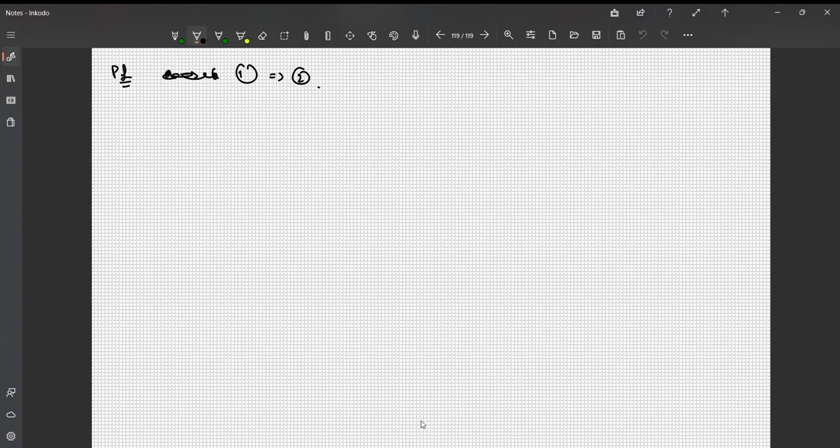So let W1, W2 till Wk be independent. We need to show that Wj intersection W1 plus W2 till Wj minus 1 is equal to 0.